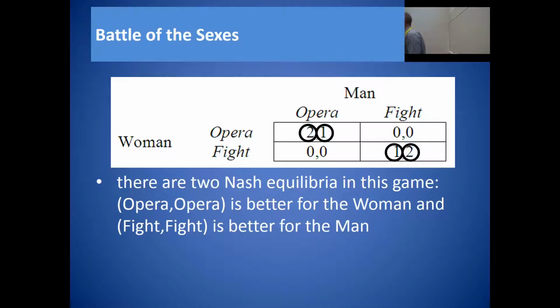In games where there are multiple Nash equilibria, how does the notion of a focal point lead to a single plausible outcome? What have we got here? A game where there are multiple Nash equilibria. Of these two outcomes, which one is most likely?